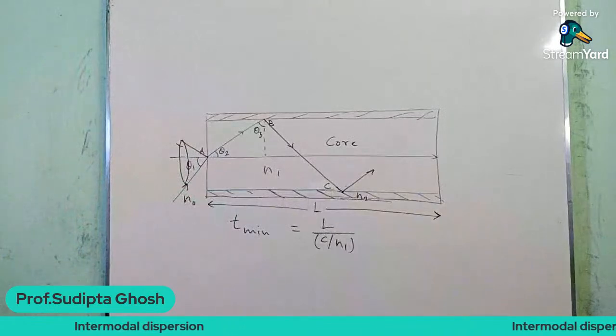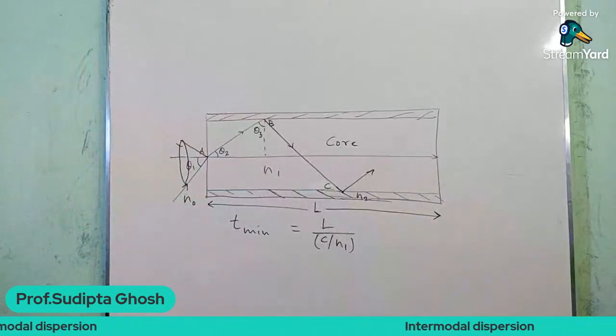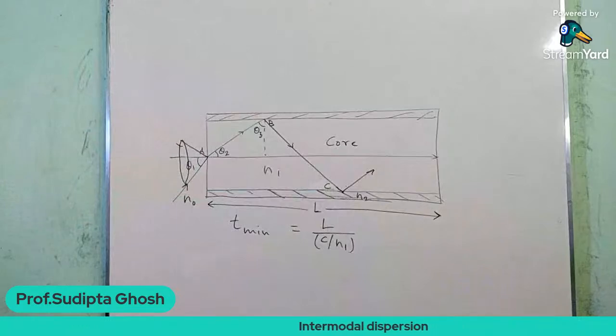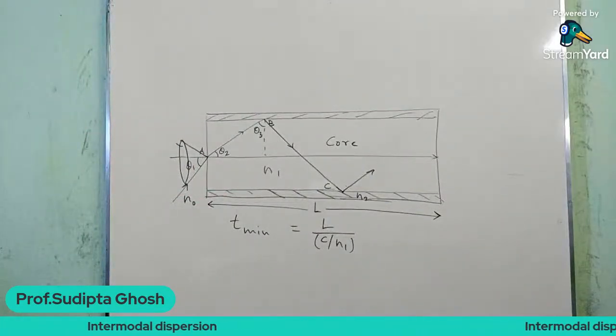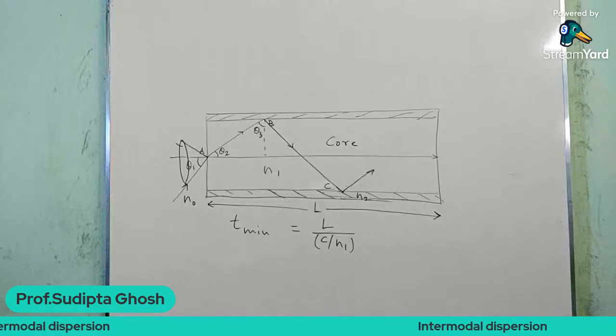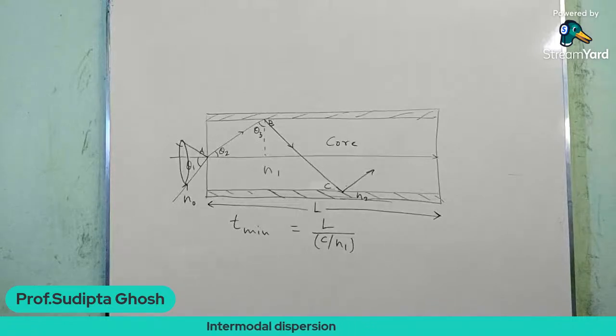So this is the minimum time a ray can take for moving from the sending end to the receiving end.